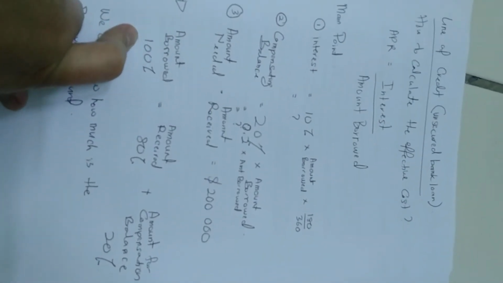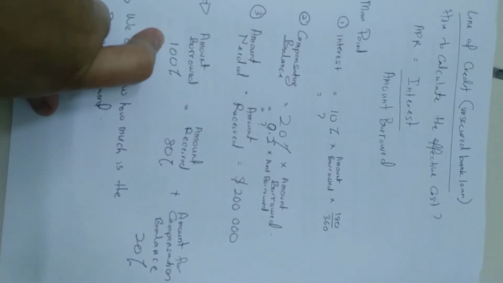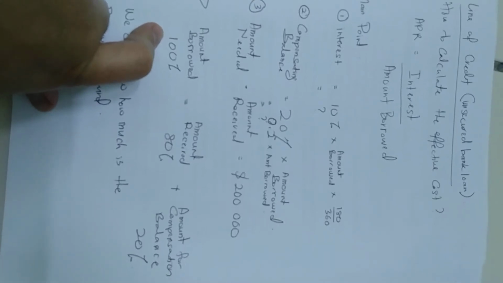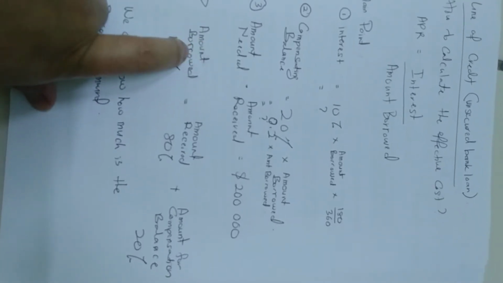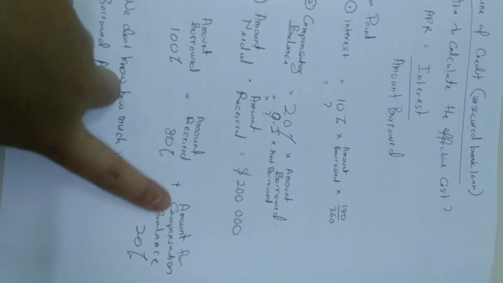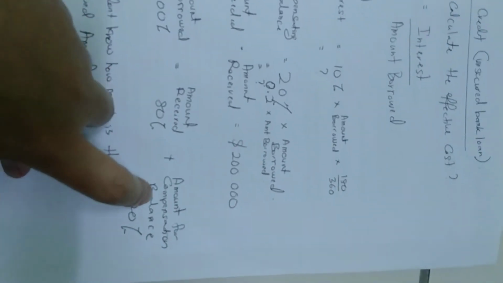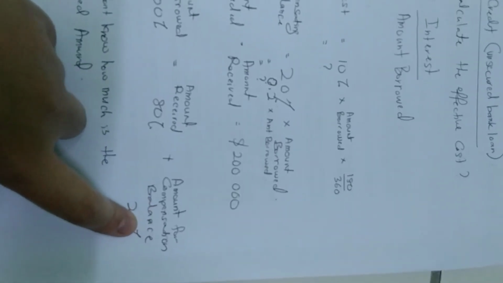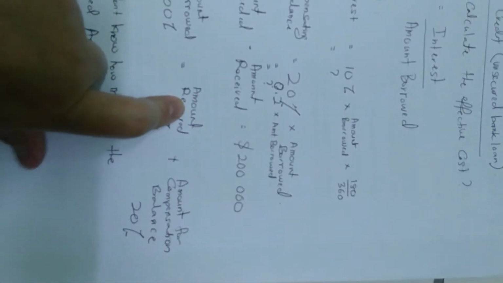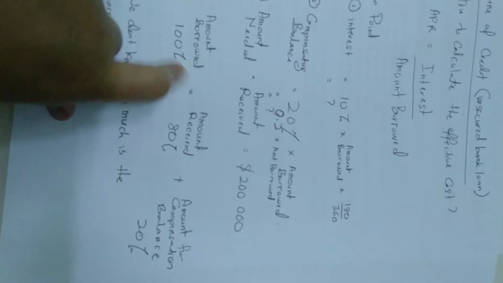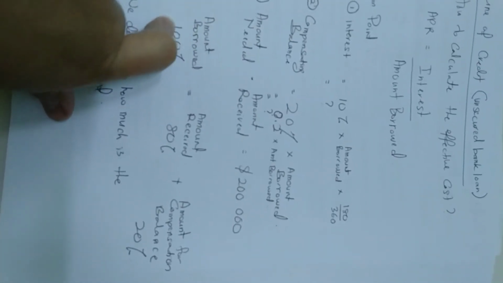So now, what is the relationship between the amount borrowed, the amount received, and the amount for compensation balance? It is actually the amount of the compensation balance plus the amount received that constitutes the amount borrowed.